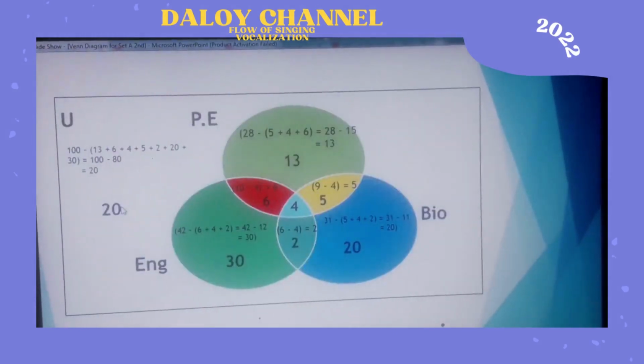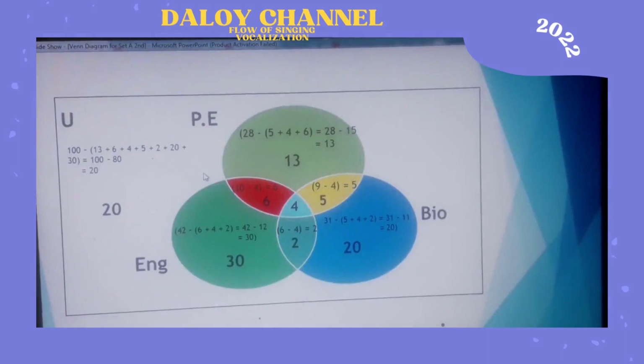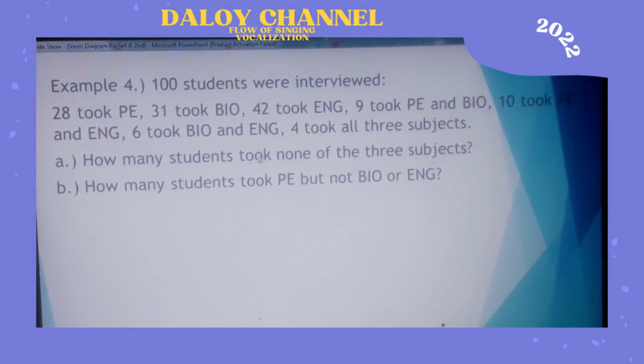Okay, let's have an illustration. The common being mentioned here is that there are 4 students who took all 3 subjects. Going back to the statement, there are 9 students who took PE and biology.